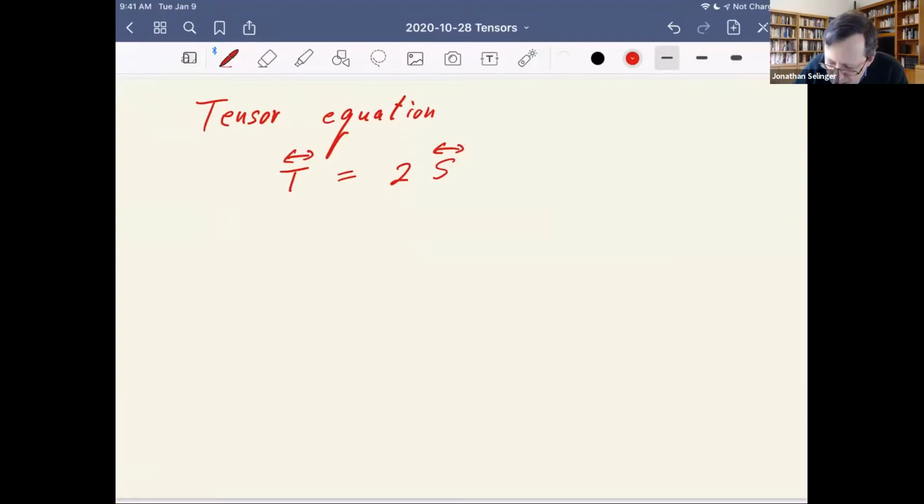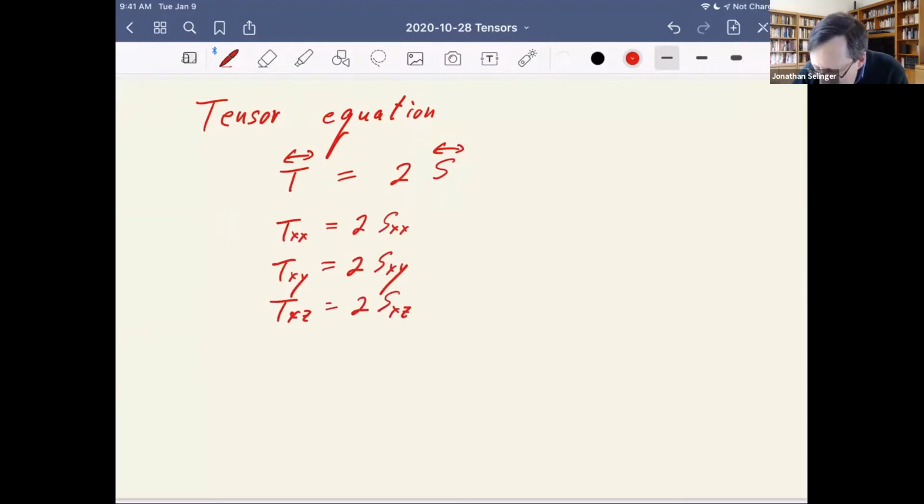So I could write Txx is 2Sxx. Txy is 2Sxy. Txz is 2Sxz. Well, that's 3. I got 6. Oh man, I don't have to do all these, do I? Okay. So there are 9 things to write out.